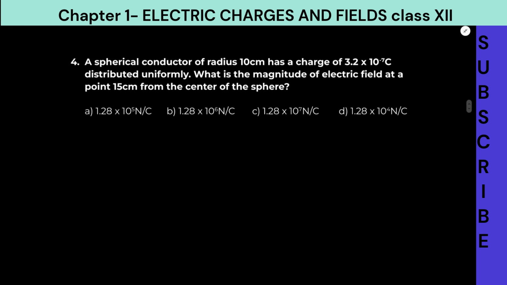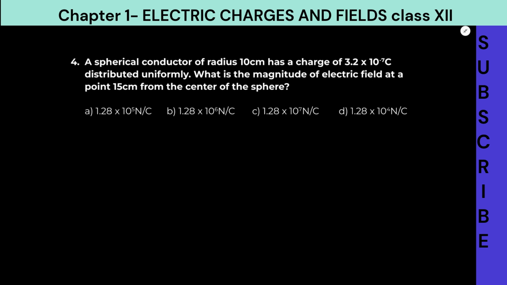Question 4 says a spherical conductor of radius 10 centimeter. A spherical conductor is there, and what's the radius of that spherical conductor? 10 centimeter. Now they are saying it has a charge of 3.2 into 10 to the power minus 7 coulomb, distributed uniformly.